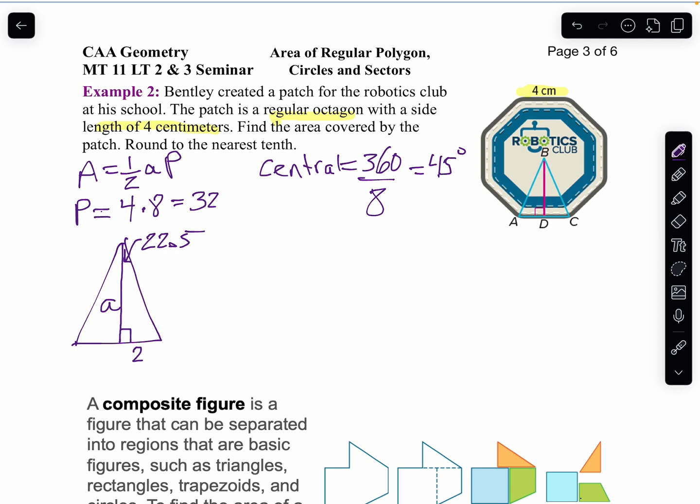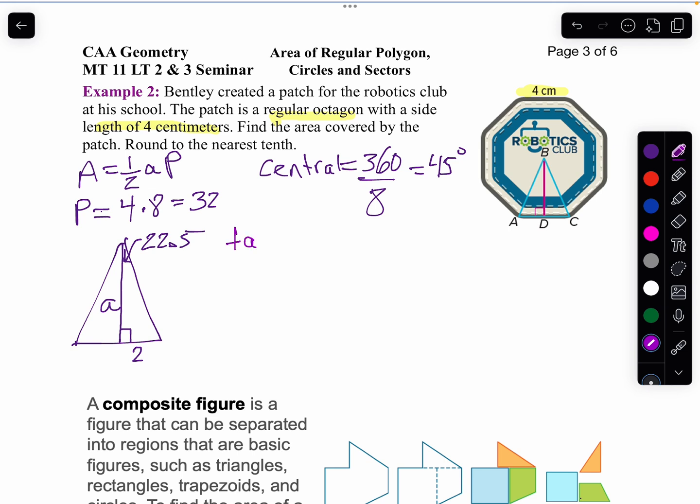So in other words, when I look at my 22.5, I know the opposite, and I want to find the adjacent. So I'm going to use tangent. The tangent of 22.5 is the opposite, which is 2, over my adjacent, which is A. Well, then I'm going to solve for A, multiply both sides by A, or cross multiply if you want to.